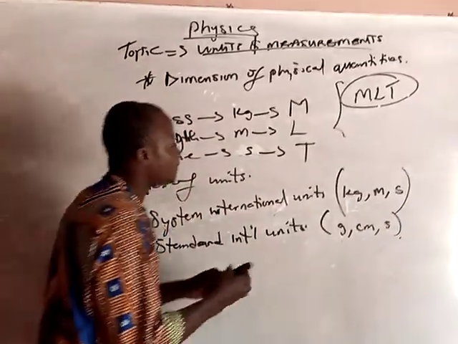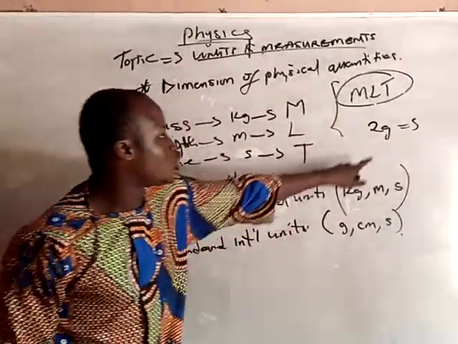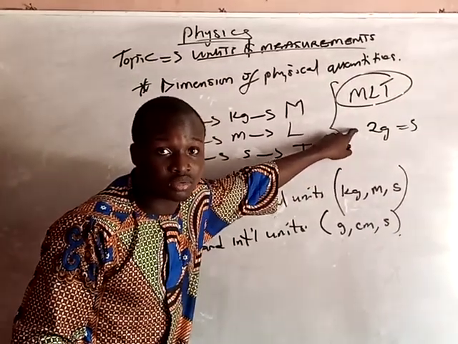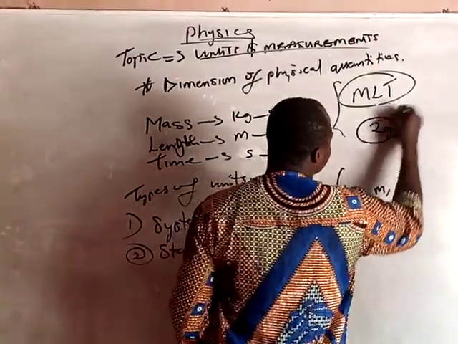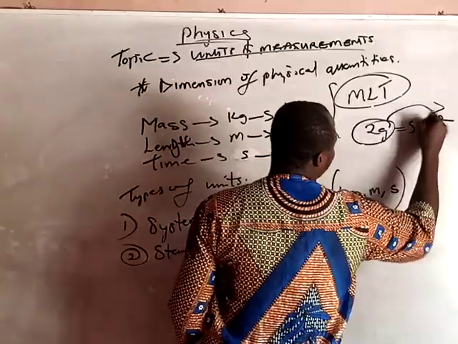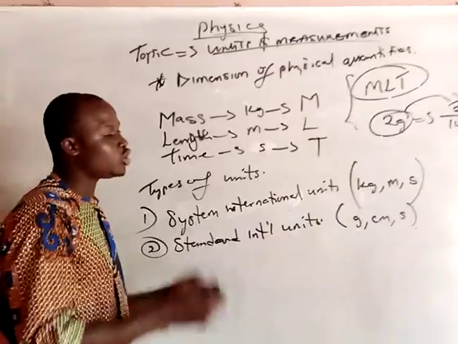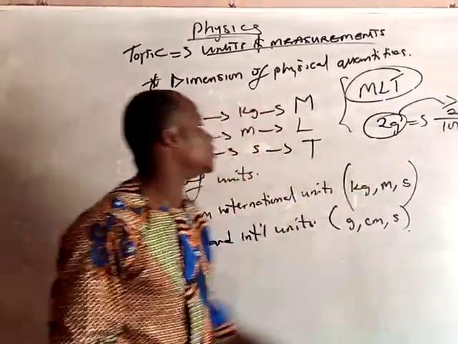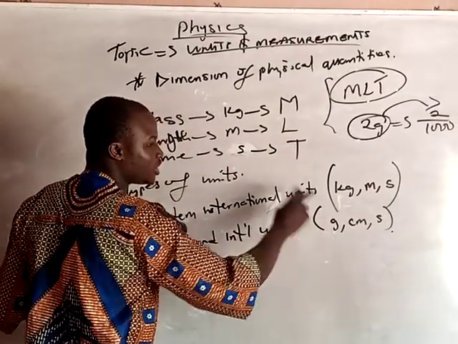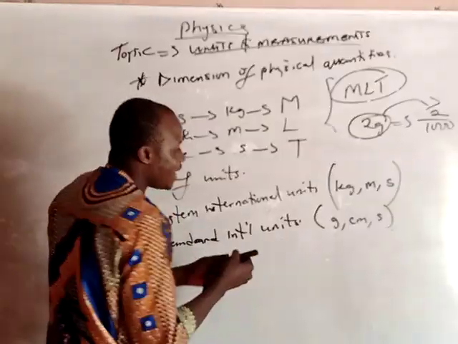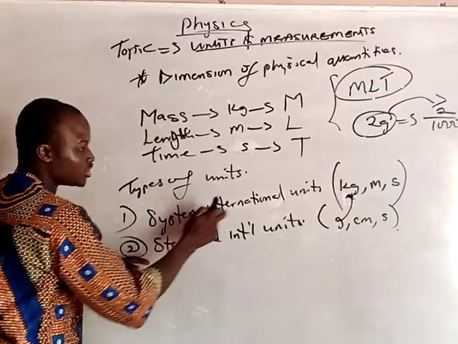So if you have something like 2 gram, you have to convert it. You can't use this in your calculation. You have to convert it to kilogram by dividing by 1000. Whenever your given values are in gram, you convert to kilogram, because we are working based on System International Unit.